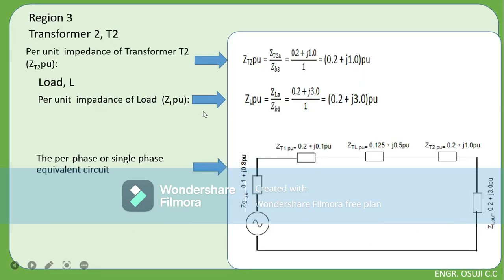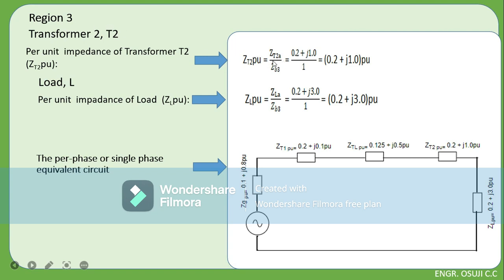Good. So now region 3. Now when we get to region 3, what do we have in region 3? Remember, like we said initially, that this transformer, we were given its impedance referred to the 10 kV side, which is actually the secondary side. So finally, we are going to be considering this transformer 2 in region 3.